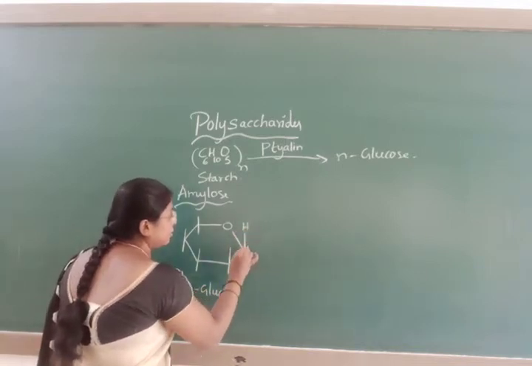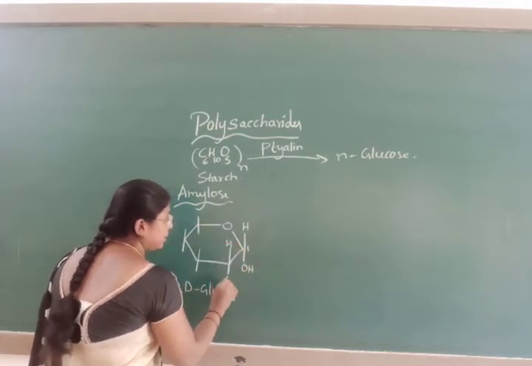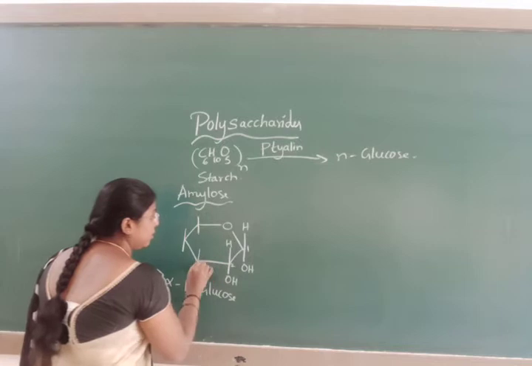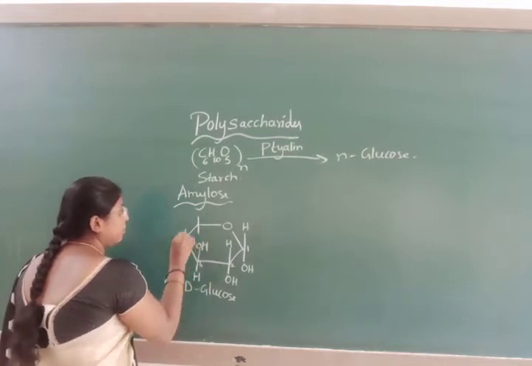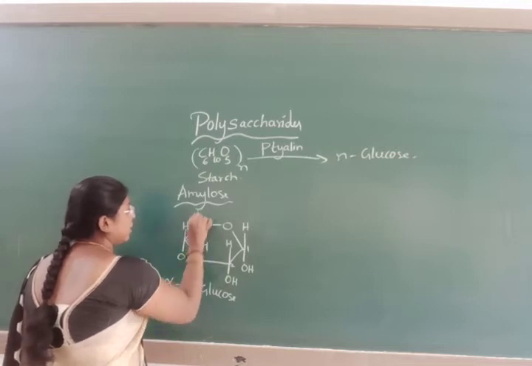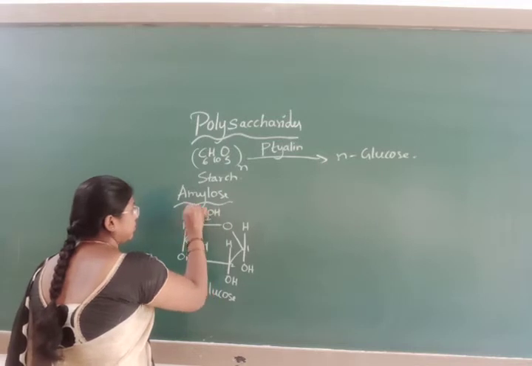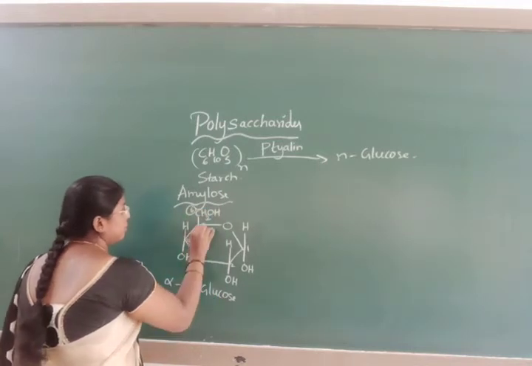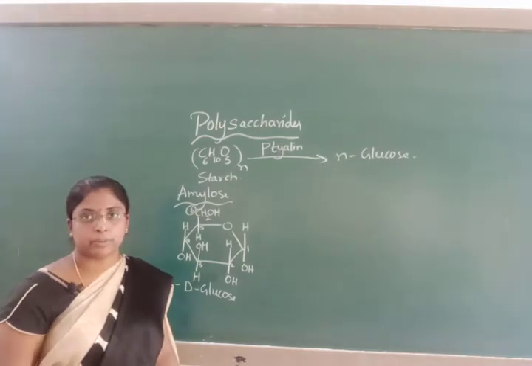First carbon will be HOH, second carbon HOH, third will be OHH, fourth carbon will be HOH, fifth will be H and sixth will be CH2OH. This is alpha D plus glucose.